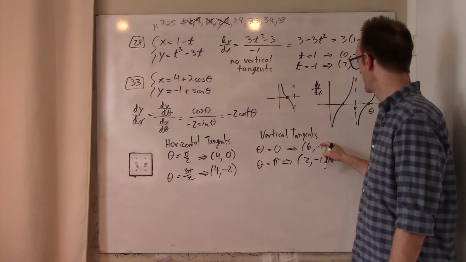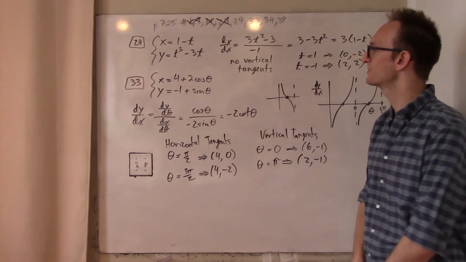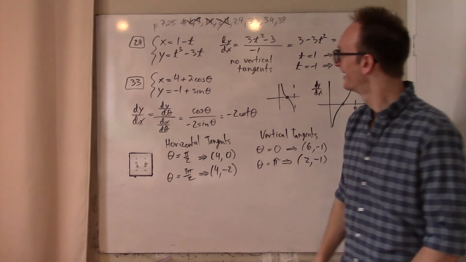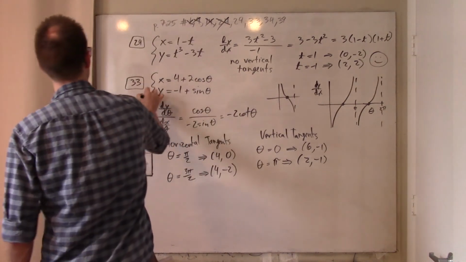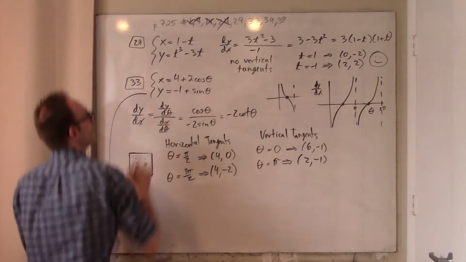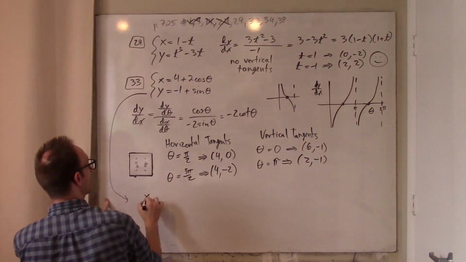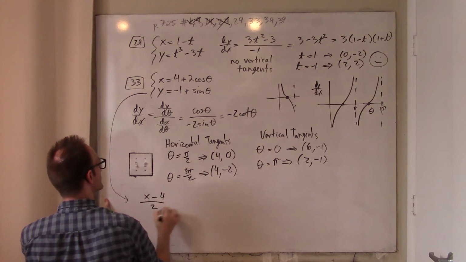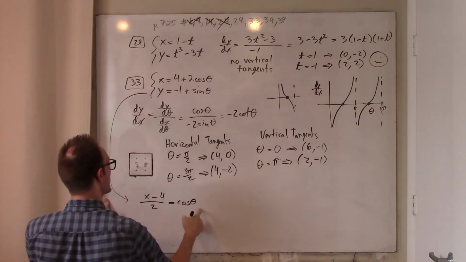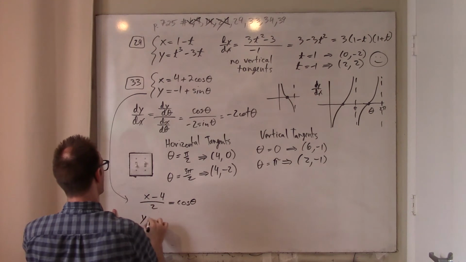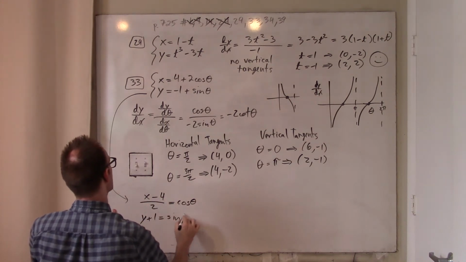We stop there. Of course, I also just happen to know this is an ellipse. That can be seen easily by just subtracting, right? We get x minus 4 over 2 is cosine theta, and y plus 1 is sine theta.